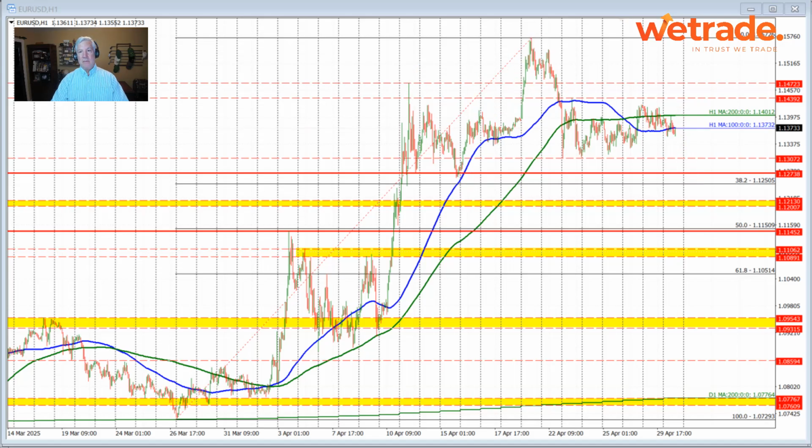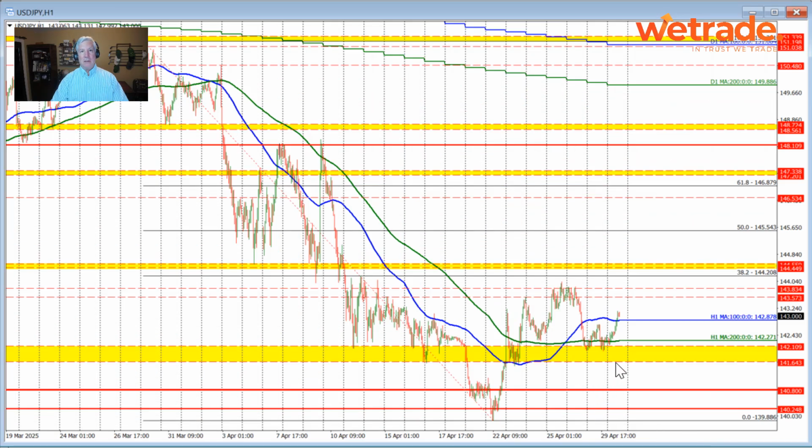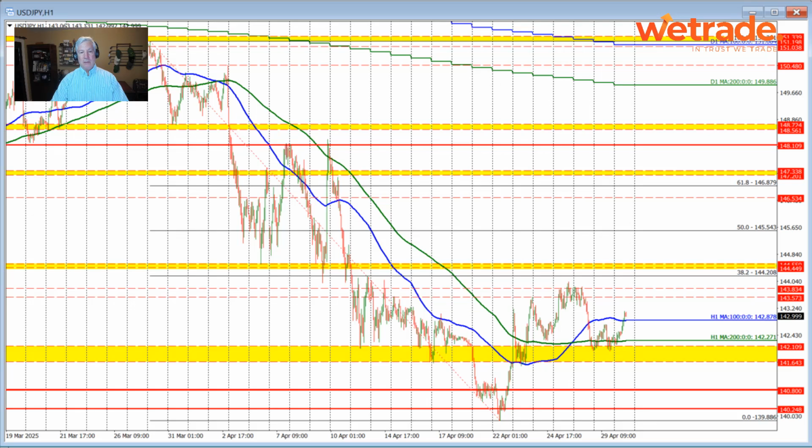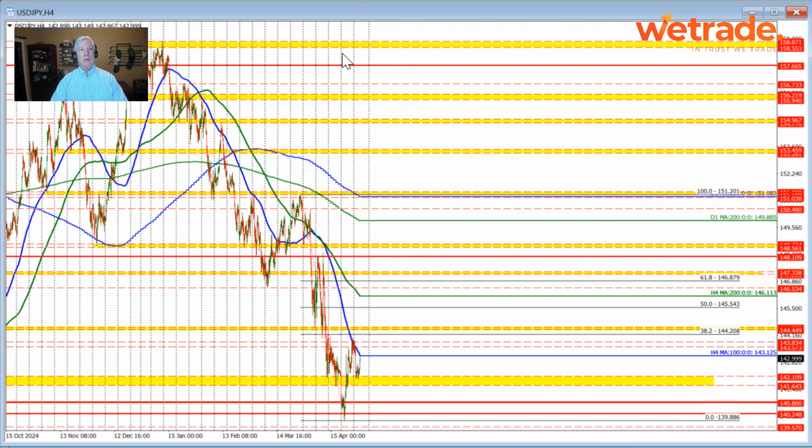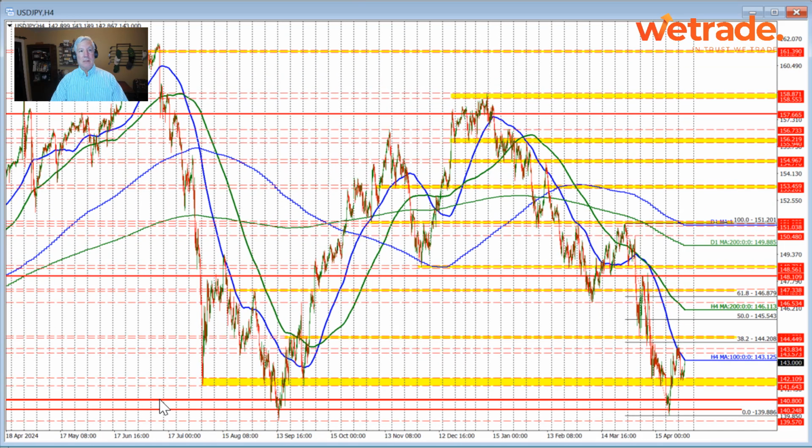Let's take a look at the dollar versus yen next, and here we're looking at the hourly chart once again. In trading yesterday and the day before, we did try to move into this swing area through here between 141.64 and 142.10 or 11. If you go back to the 4-hour chart and look back in time, this is where it was defined.